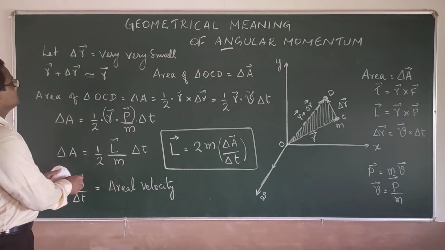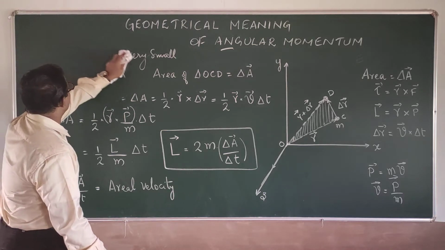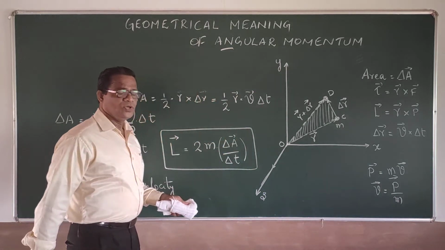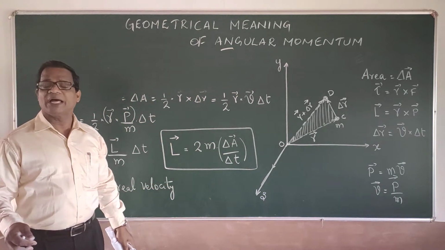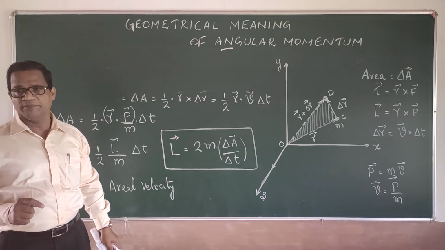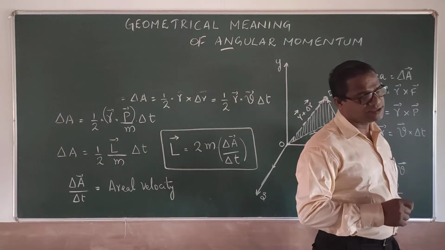Kepler's second law says that the radius vector drawn from the sun to the planet sweeps out equal areas in equal intervals of time. That means the areal velocity of the planet remains constant.